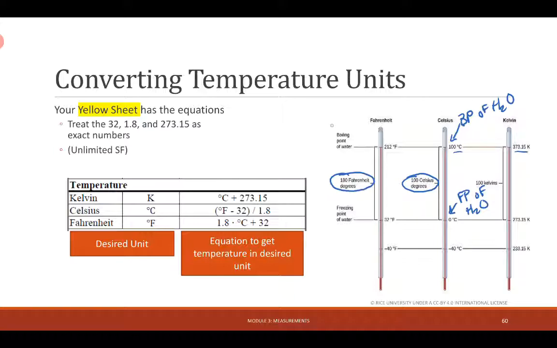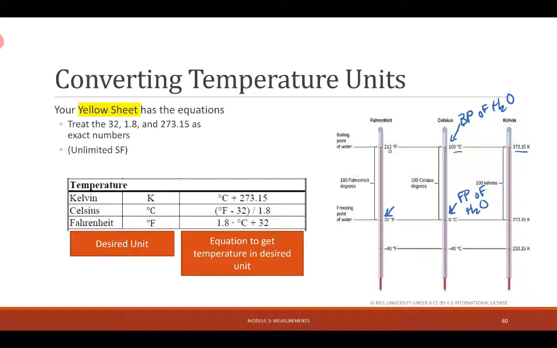If you happen to remember from growing up that the freezing point of water from weather reports is 32 degrees Fahrenheit and that water boils at 212, you can always subtract 212 minus 32 to get 180 and then know that the difference for Celsius is 100.